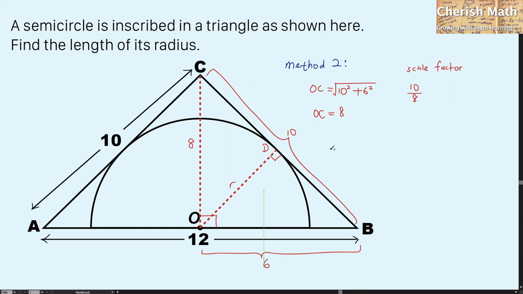These two lines are similar. The same scale factor applies to OB, which corresponds to the radius R, so it is 6 divided by R, the radius. By rearranging and cross multiplying the values, I get 4.8.